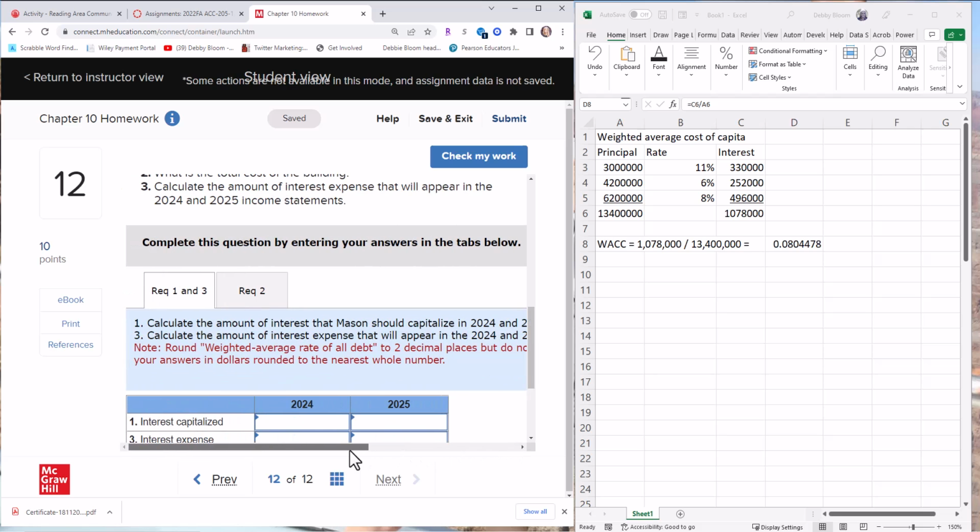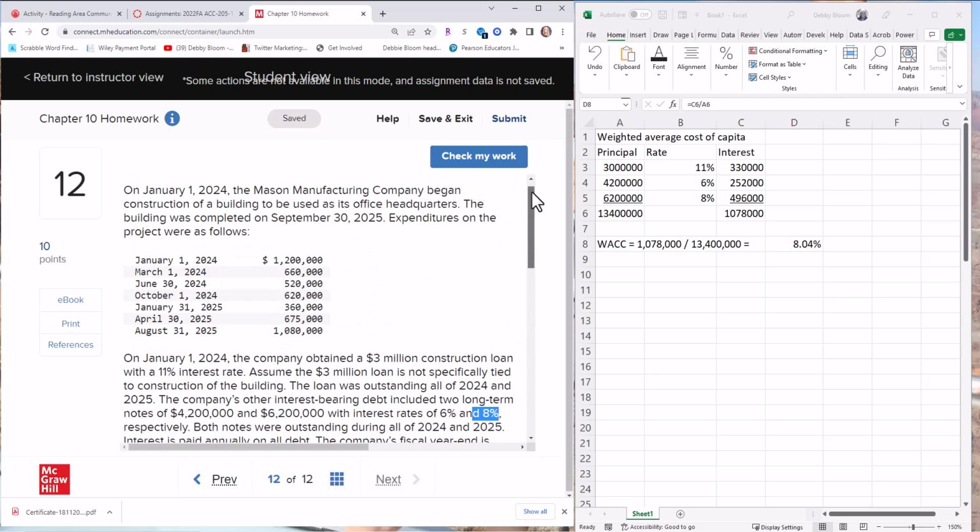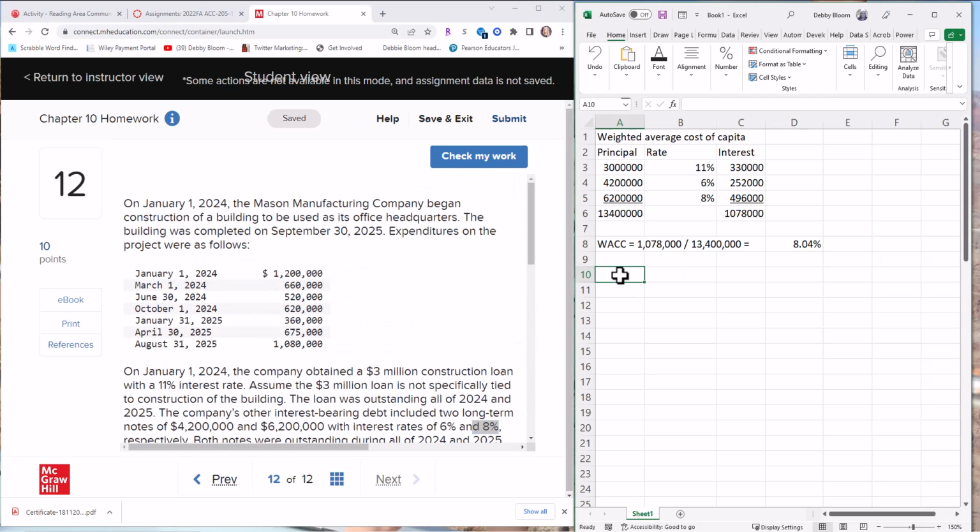Enter your answers in dollars rounded to the nearest whole number. So if I'm going to do the weighted average of all debt to 2 decimal places, I'll put it in percent. To 2 decimal places, that will be 8.04%.